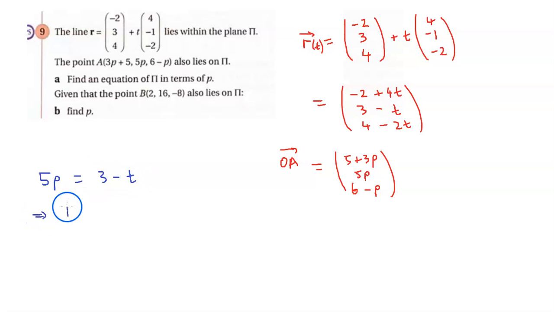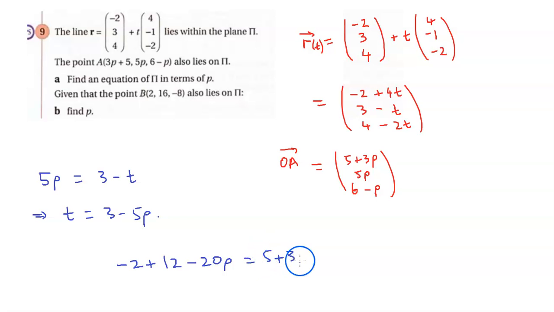So t would be 3 - 5p. Putting that into the first equation, we would have -2 + 4 times t, so plus 12 minus 20p, is equal to 5 + 3p.